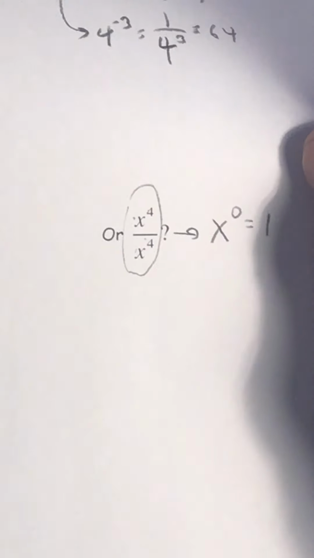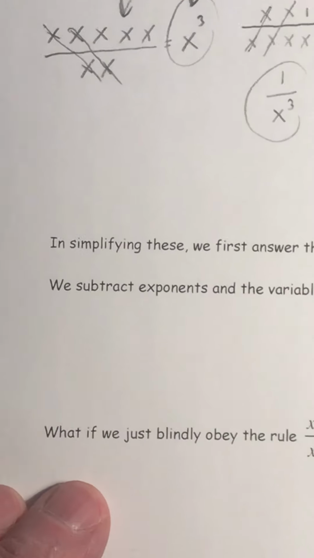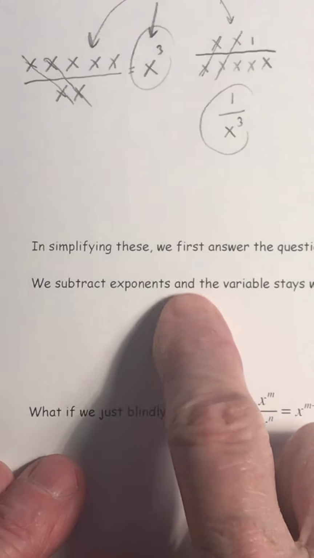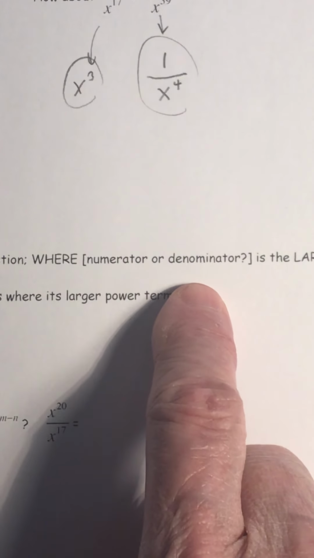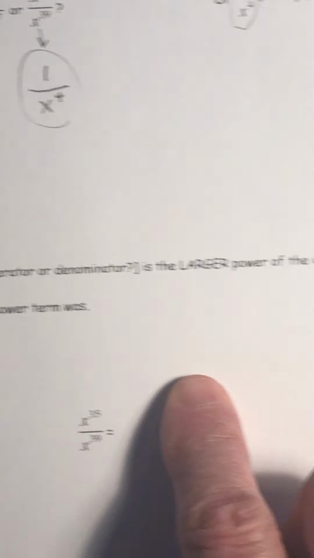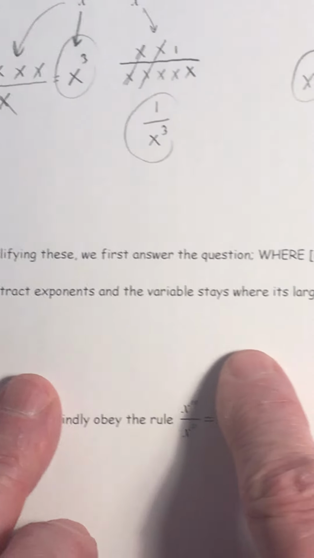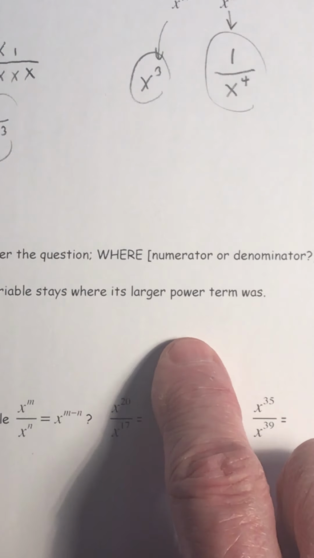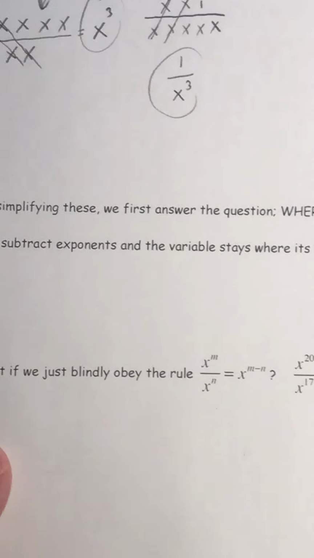So, that's all it says down here. In simplifying these, we first answer the question where, numerator or denominator, top or bottom, is the larger power of the variable. We subtract the exponents, and the variable stays where its larger power term was, where there were more of them to begin with.